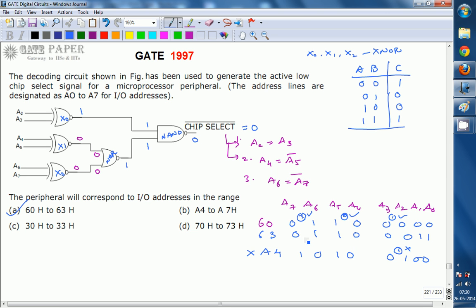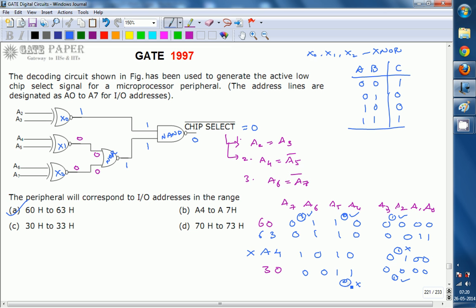Next, consider 30. 30 is 0011 0000. Here the first condition is satisfied, but the second condition is not, because it requires A4 to be the complement of A5.